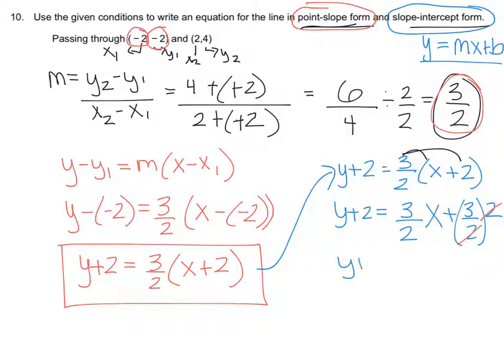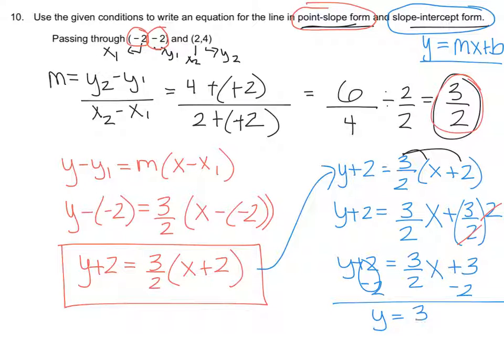So I'm left with y plus 2 equals 3/2 x plus 3. Lastly, I want to isolate the y by subtracting 2 on both sides, and I'm left with y equals 3/2 x plus 1. And that is my answer in slope-intercept form.